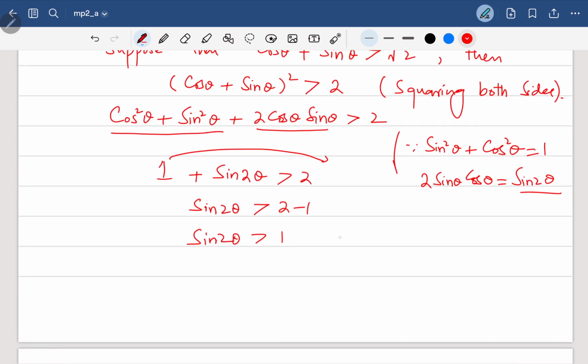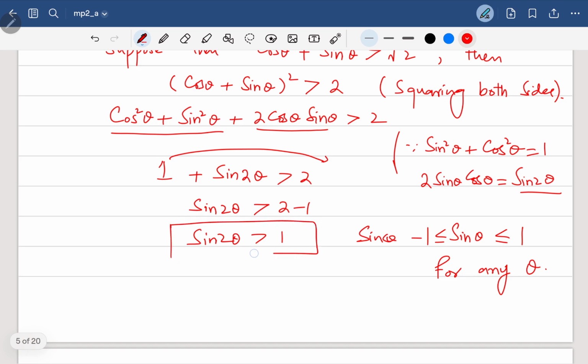But we know that sine is always between minus 1 and 1 for any angle theta, so it cannot be more than 1, so this is not possible.